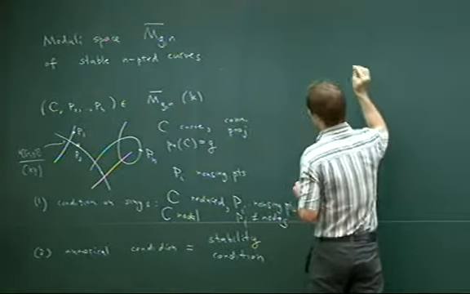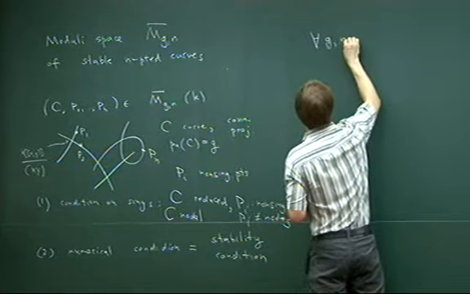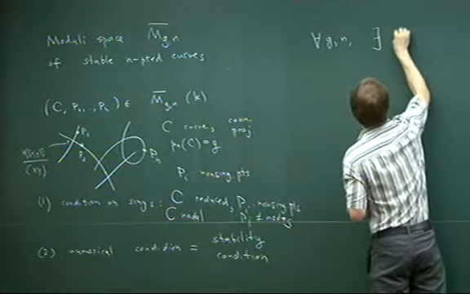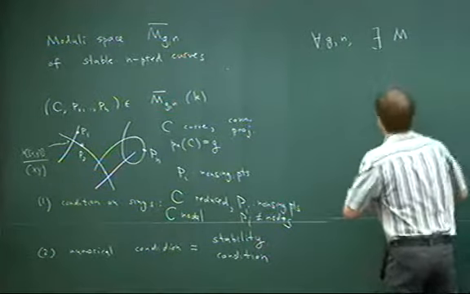And then for every given g and n, there exist two objects.